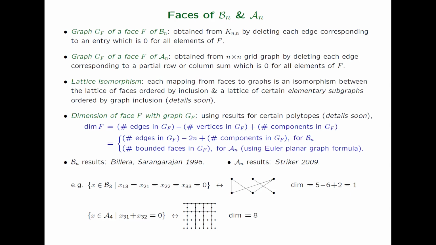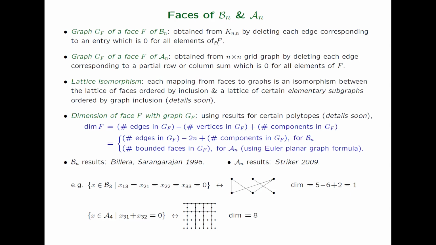And so typically for any face, there'll be some entries which are 0 for all elements of that face, and we take the edges of the complete bipartite graph and delete those for which the entries are 0 for all elements of that face.